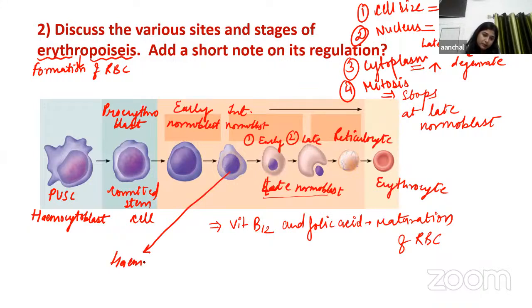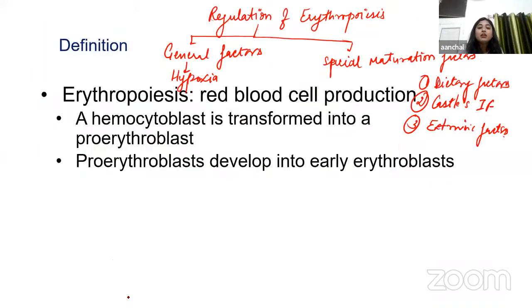This is the most important thing that you need to state. Okay. Then in regulation, you need to draw this chart. This one is important, in which you will explain hypoxia and also spatial maturation factor, in which we have seen dietary factors, then Castle factor, intrinsic factor, and extrinsic factor.